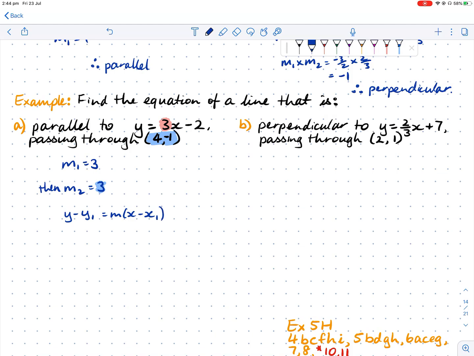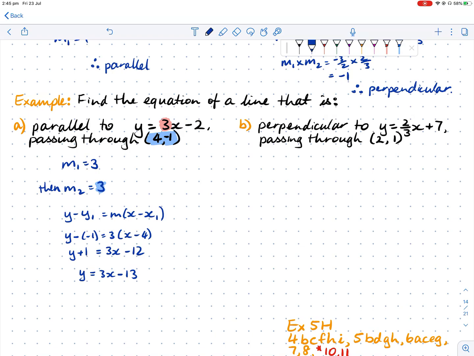So when we substitute the values in, y minus negative 1 equals 3 bracket x minus 4. So the left-hand side is y plus 1, and if I expand the right-hand side, it's 3x minus 12. Then we'll move the 1 to the right-hand side by subtracting it. So then y is 3x minus 13. So that would be the equation of the line that we want.